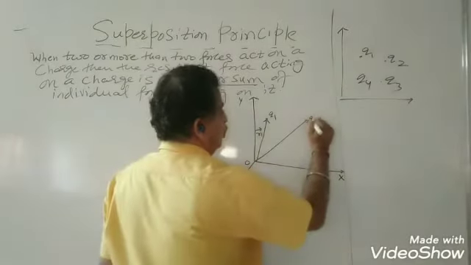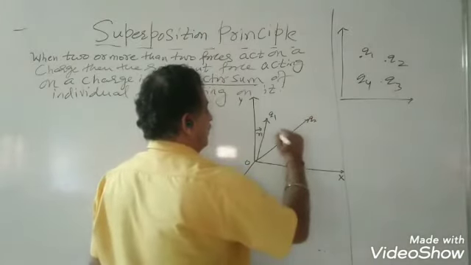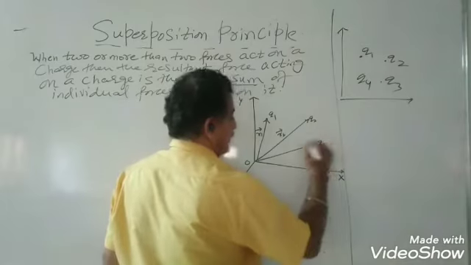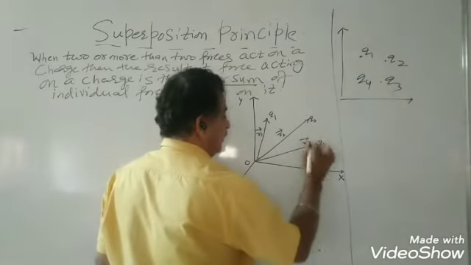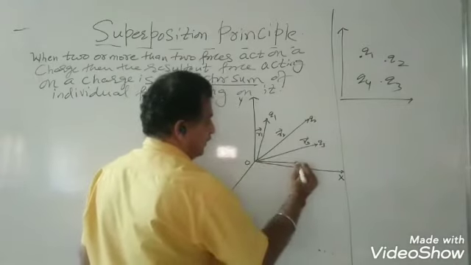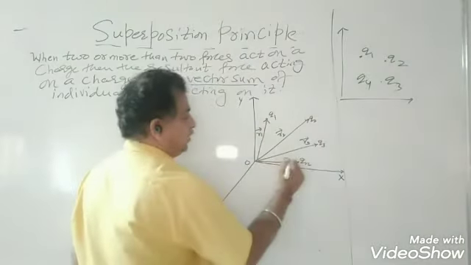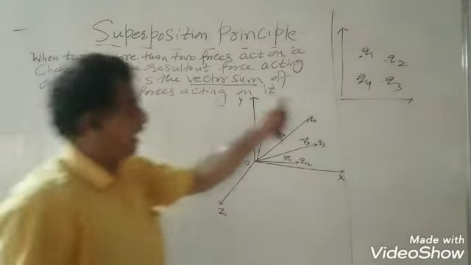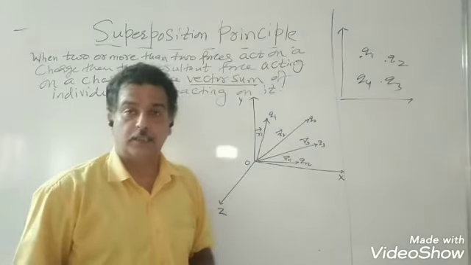This is Q2, its position vector is R2. This is Q3, its position vector is R3. And we have this as Qn, its position vector is Rn.